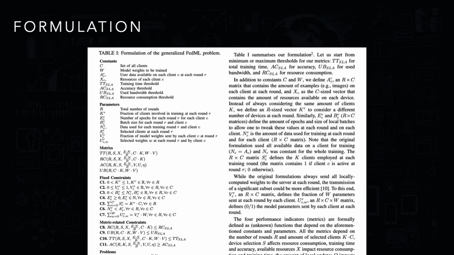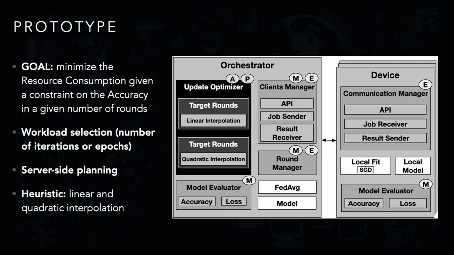So I just provided an abstract and high-level view on the problem, and in the paper we formulate the problem as an optimization problem. A second contribution is that we provided a prototype and an evaluation.